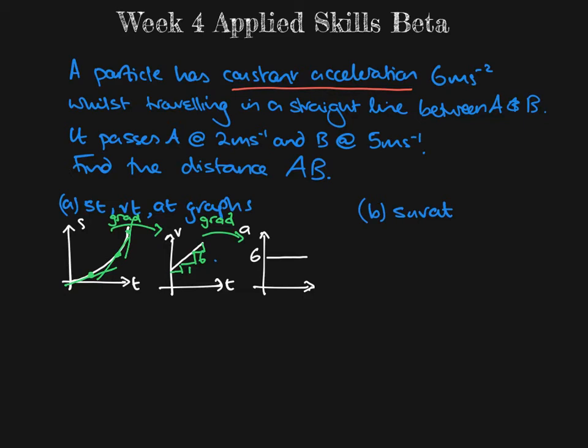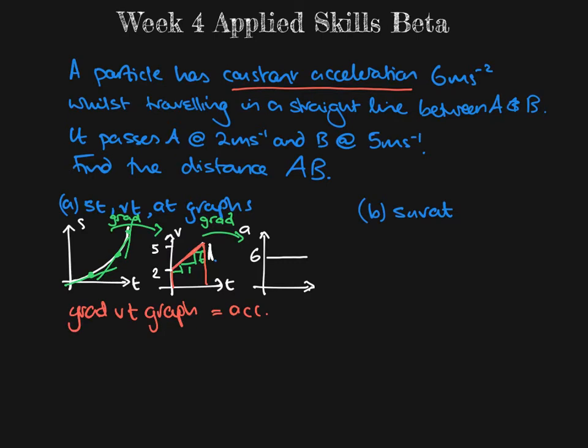Anyway, looking at this question, there are only two facts we're going to use. The first one is that the gradient of the VT graph is equal to the acceleration. And so I can say, well, my final velocity there was 5, my initial velocity there was 2.